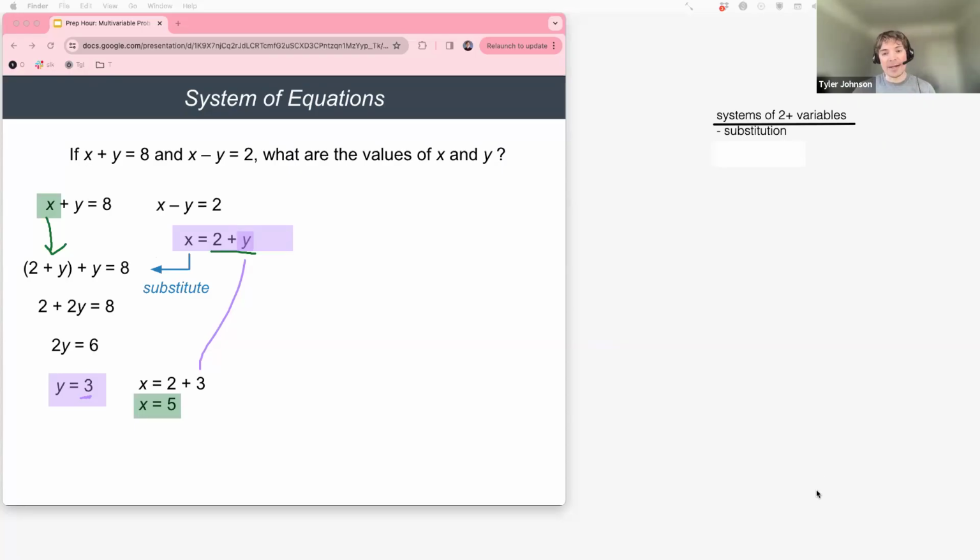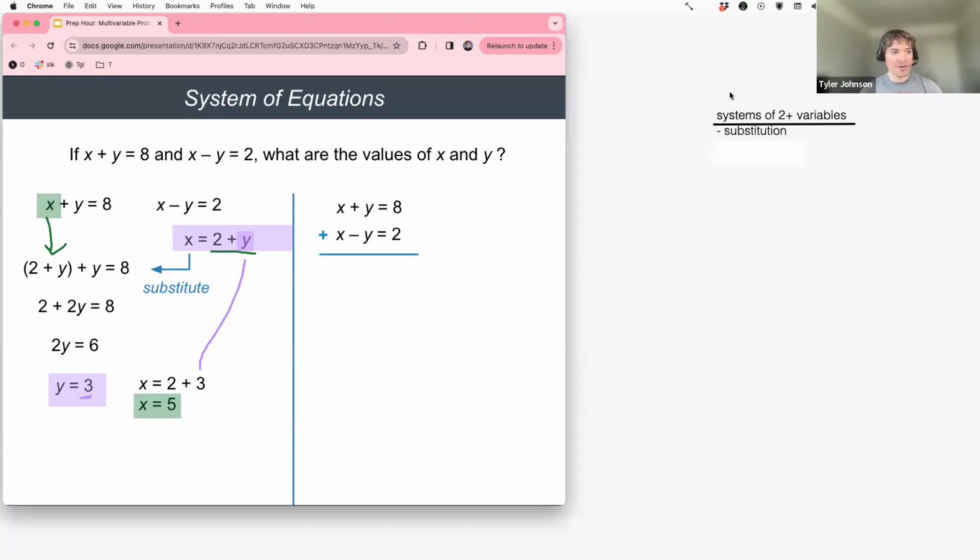But generally, when I can, there's a method that I find to be a bit faster for the GRE. And that is something called stack and add or stack and subtract, depending on how you want to do it. The way this works is you basically line up the two equations and then either add or subtract them together.